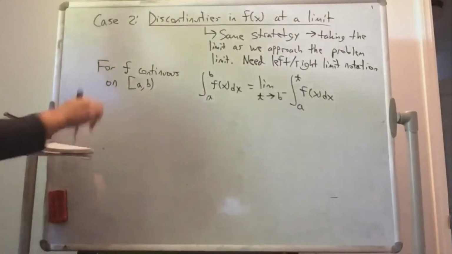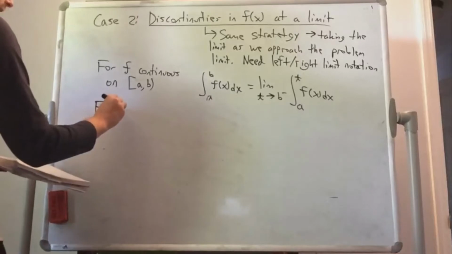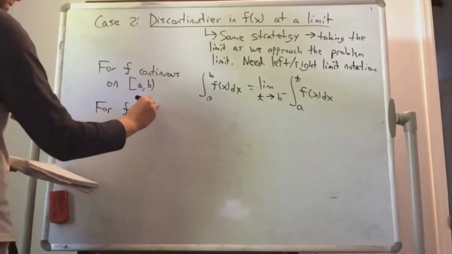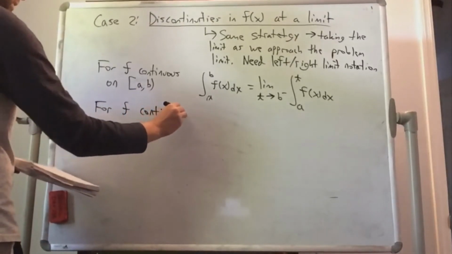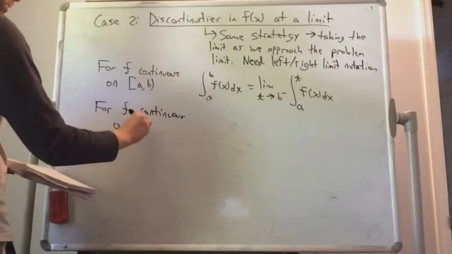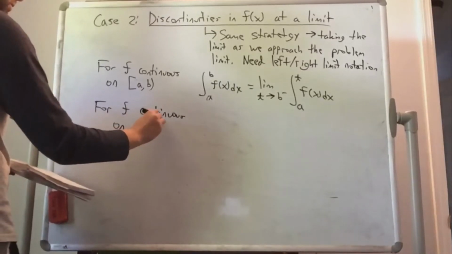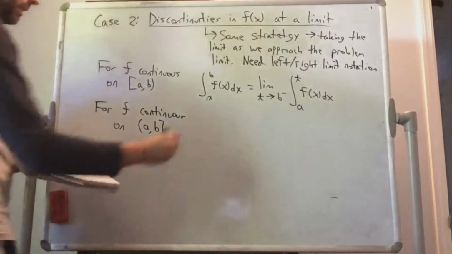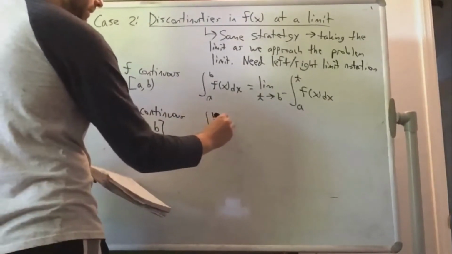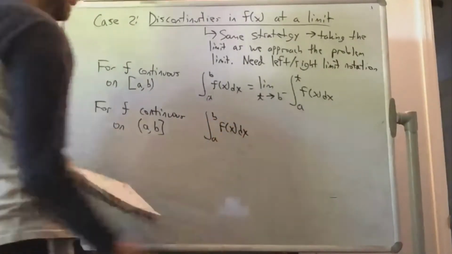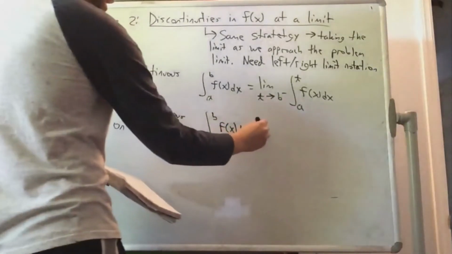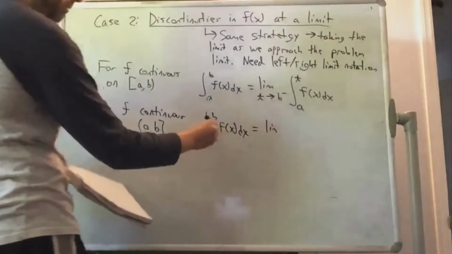Let's look at the other cases, though. There's 3 of them. So if you had f continuous on the open interval a at the bottom, closed interval b at the top, then if I wanted to integrate f of x dx from a to b, now I've got to approach the bottom problem spot.